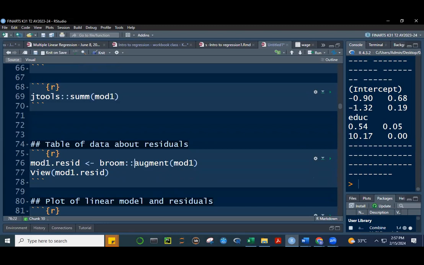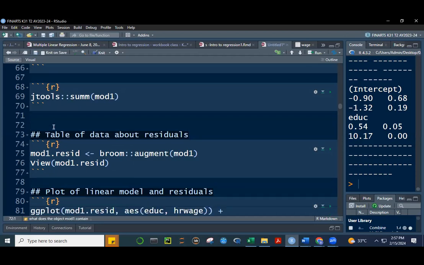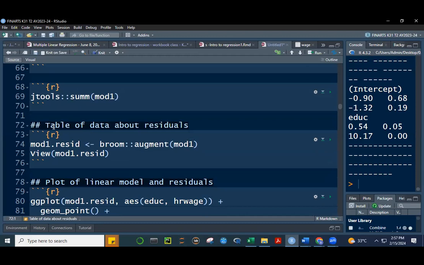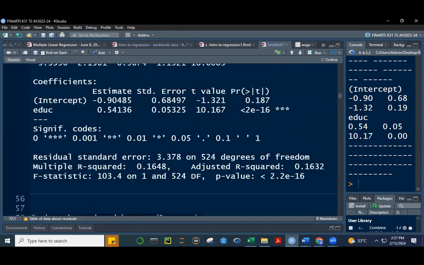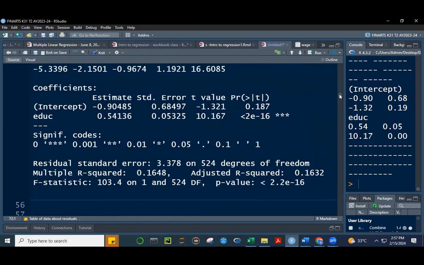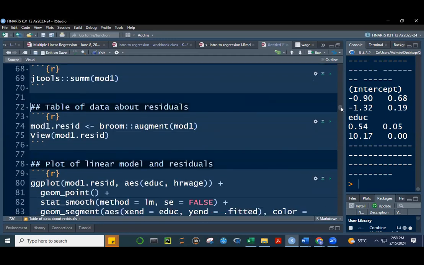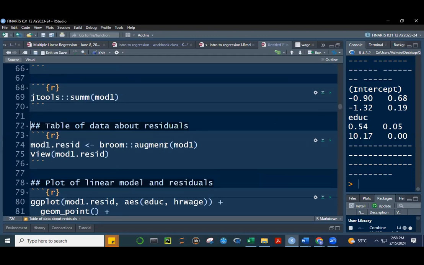It has this augment function, which will generate a data frame of information about our residuals, because it's not enough for us to generate the model and come up with an equation about hourly wage, which, as we discussed last time, is just the intercept, negative 0.90, plus 0.54 times your education, plus residuals. So we can make use of this augment function coming from Broom. Okay, let's run this.